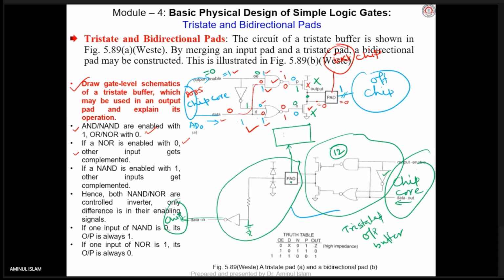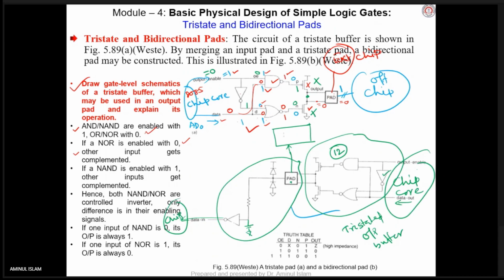NAND gate: one input 0, other input 1. What is the output? 1. So you are wrong. Its output is going to be high. So 1 is coming here at the top, that is the input of the MOSFET, and at the bottom, as you said, is a NOR gate.